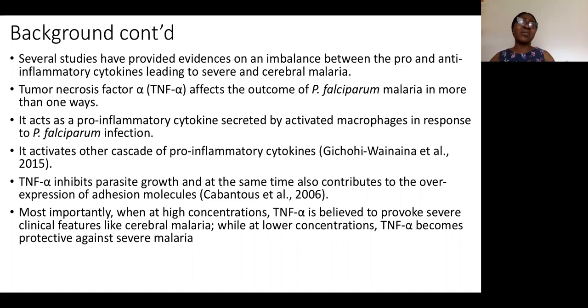But how then does it regulate itself so that there is a balance between overexpression and moderate expression? And that actually has to do with some particular human genetics that affect the expression.